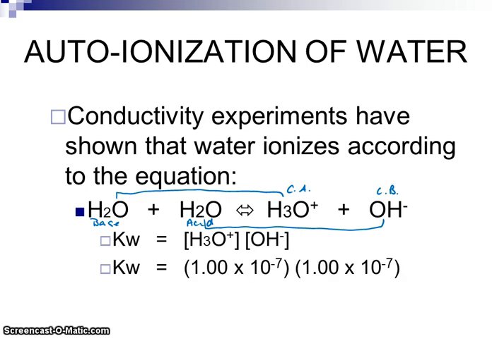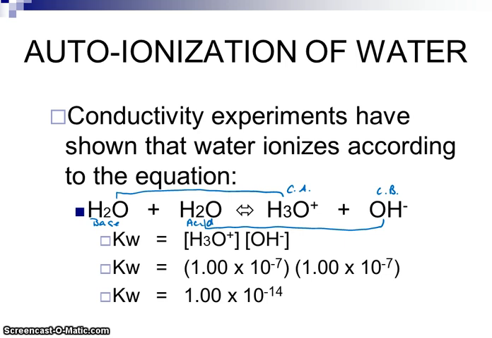Conductivity experiments have determined that the concentration of hydronium ions and the concentration of hydroxide ions in pure water are both 1.00 times 10 to the minus 7. So if we plug those numbers into our Kw expression, we can calculate our value for Kw.